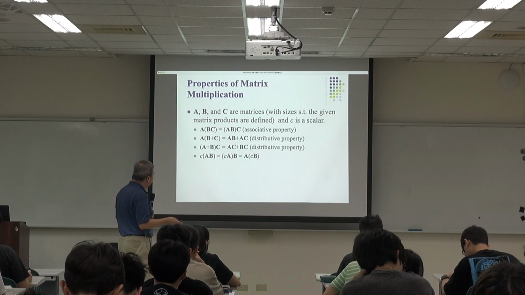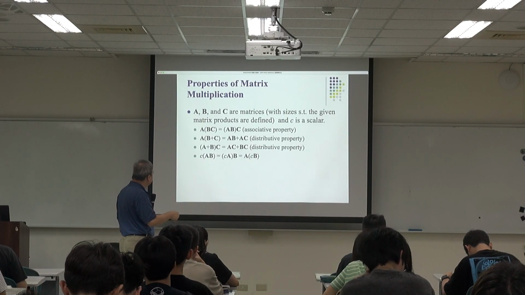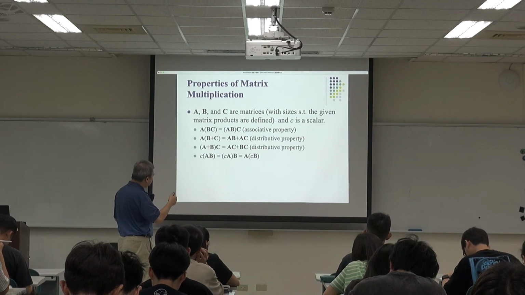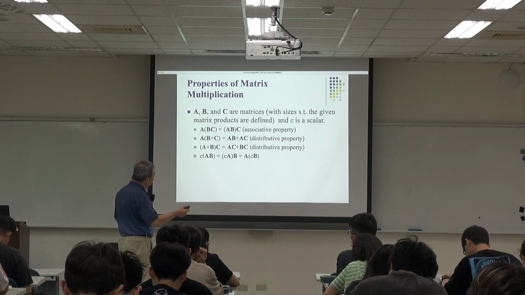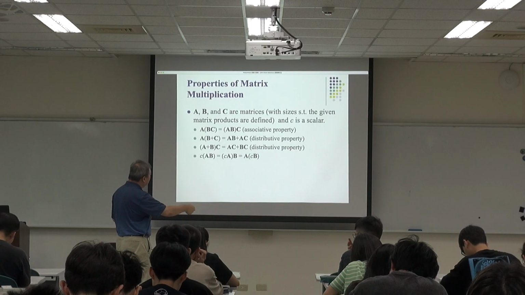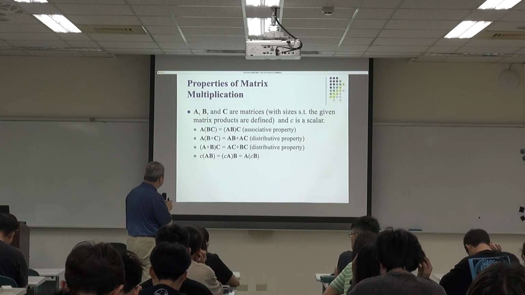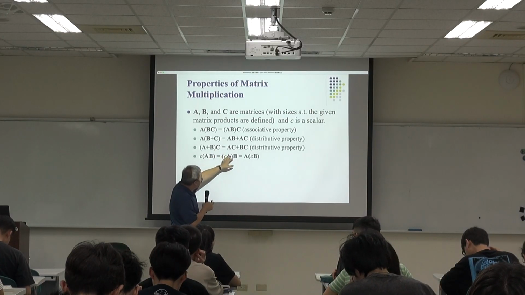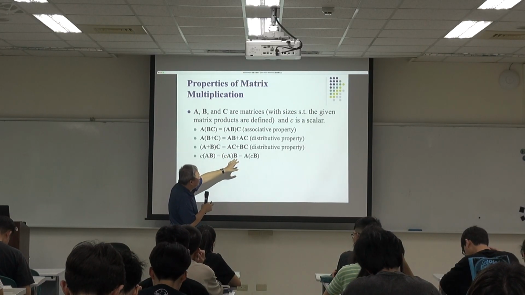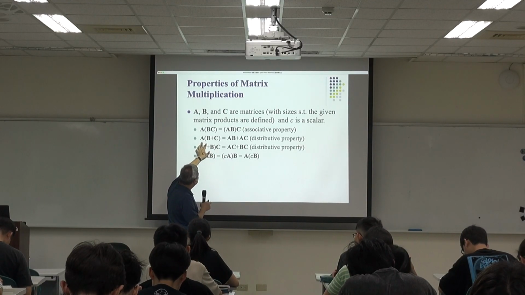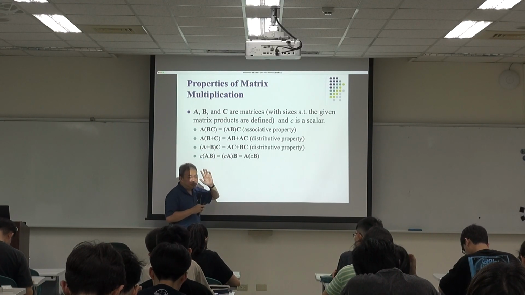And we also have the distributive property. A times parentheses B plus C will be the same as A times B first plus A times C. And this distributive property applies on both sides. So A plus B times C will be the same as AC plus BC. You see, we carefully maintain the order here.